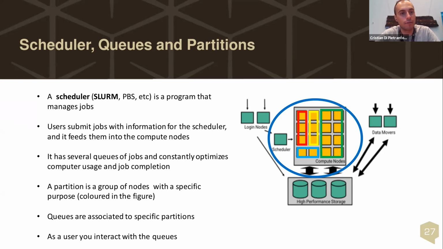Usually we have different sets of compute nodes with different characteristics. Some compute nodes may have higher memory available, or may have GPUs. Other nodes may have only CPUs. So for different types of jobs, we have different types of compute nodes that can support them.